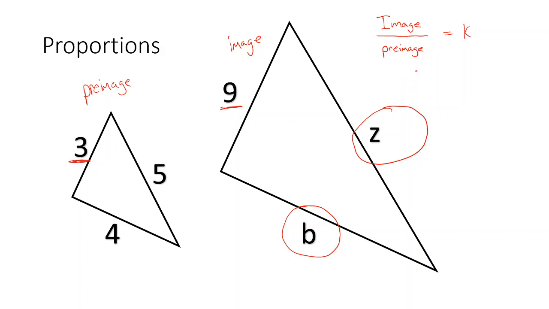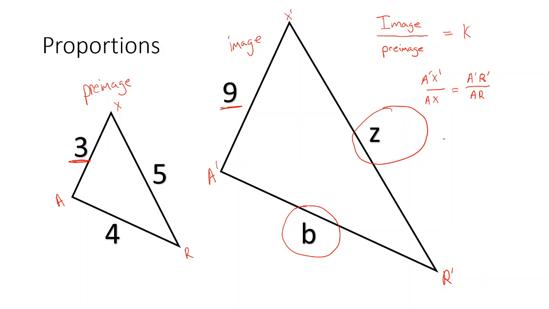Or we could say, if we were to give these points A, X, R, and A prime, X prime, R prime, we could say that A prime X prime to AX is proportional to A prime R prime over AR. They will be proportional is the word we're going to use.